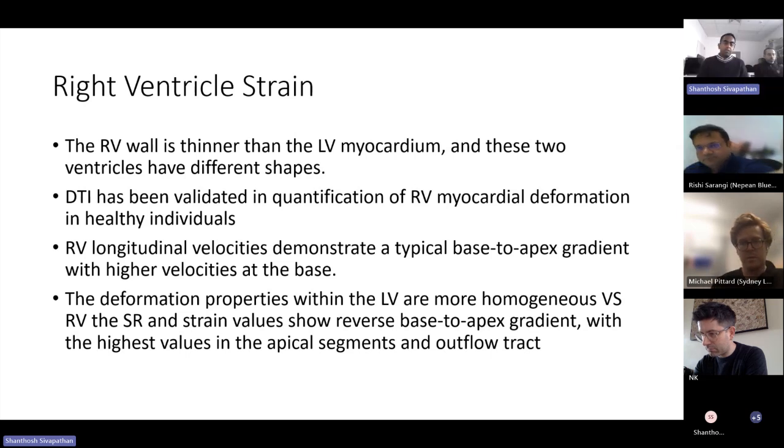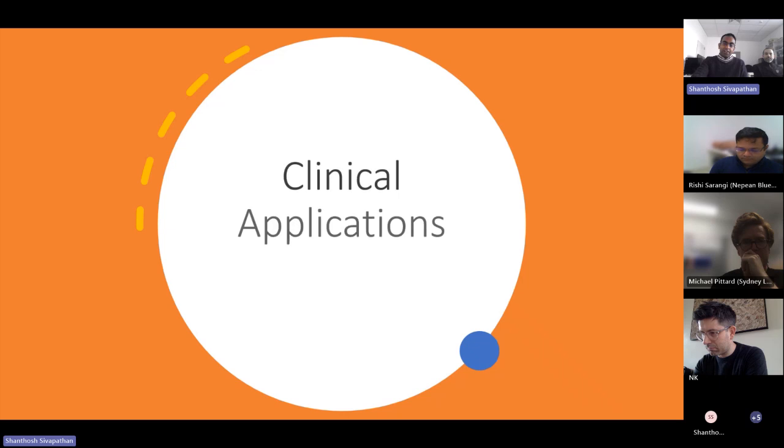Maybe sometime later on, someone might go through LA strain. Since it's used in the BSE guidelines, it might be more commonly used. It'd be a useful thing for us to look into down the track. It'd be next level.